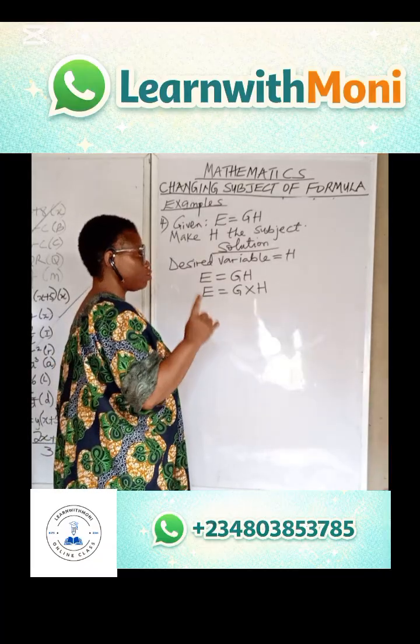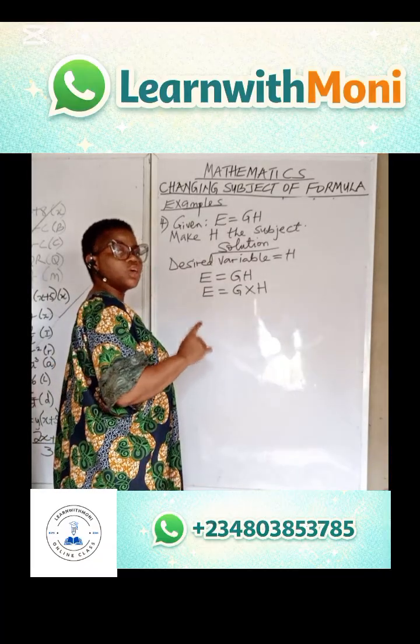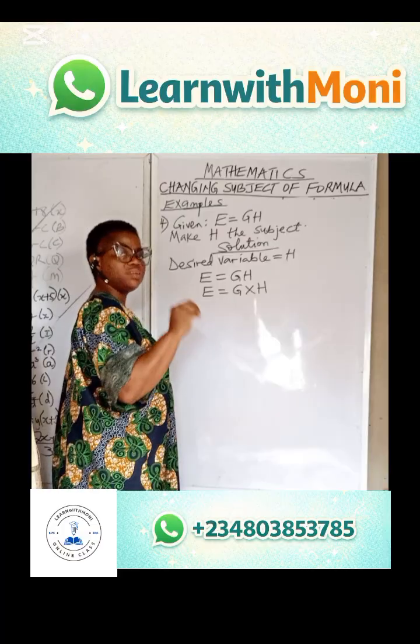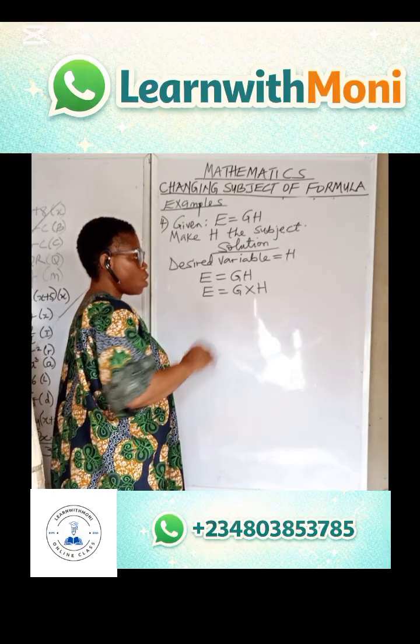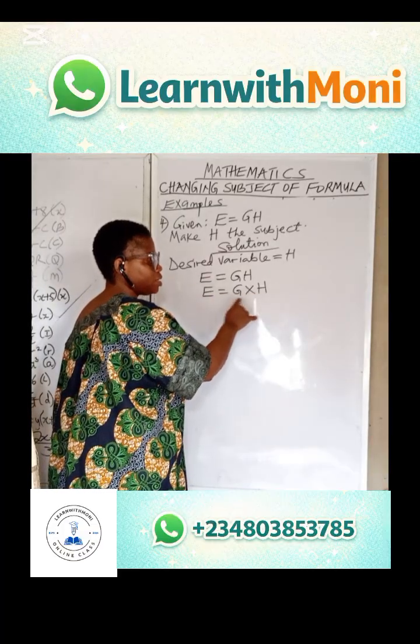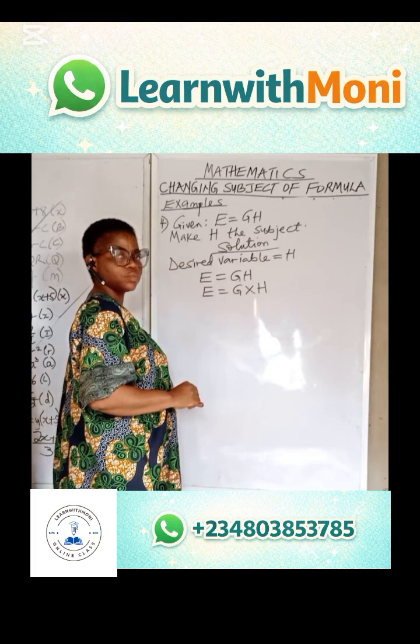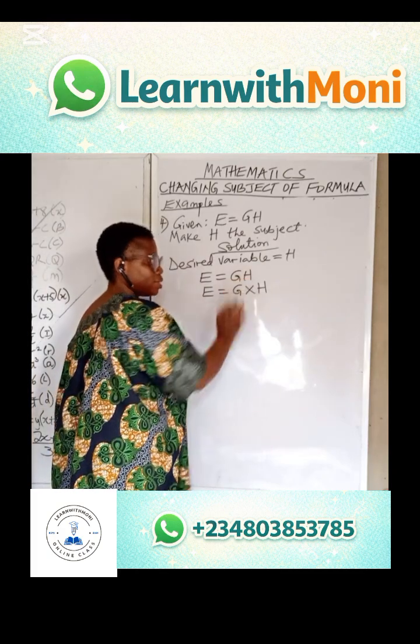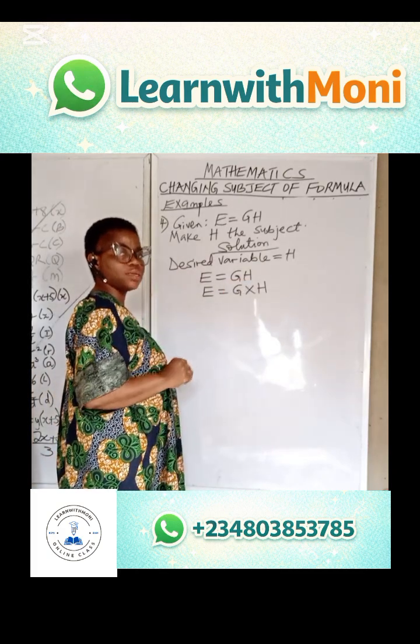The next thing we have to do is remove the unwanted element from the desired variable. On the same side with H is times G, and we do not desire the times G. We want H to stand alone.